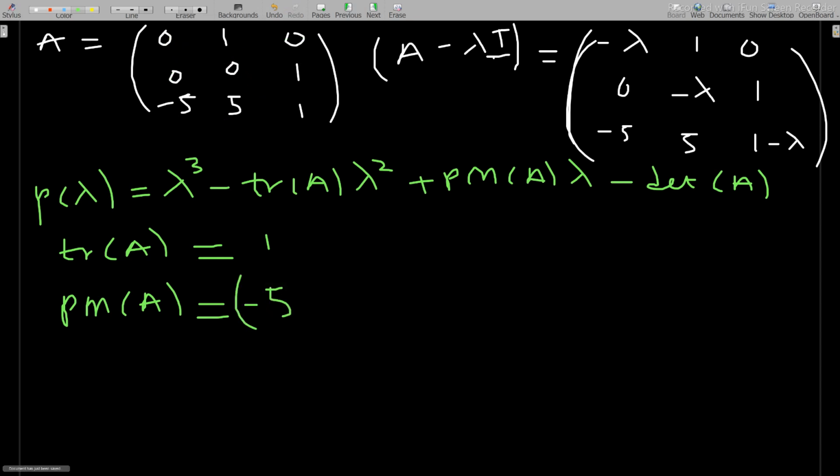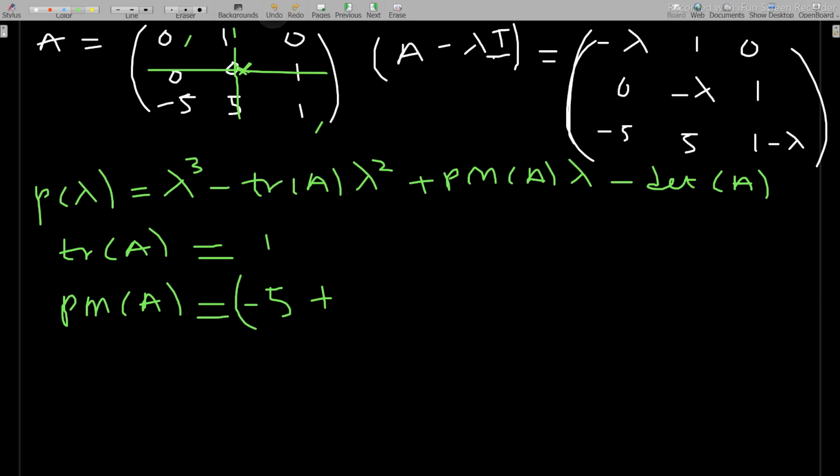Then you stand on the second diagonal element, cancel its row and column, and the rest is 0 and 1, and -5 and that. So 0 times 1 is 0, minus 5 times 0, which is 0.